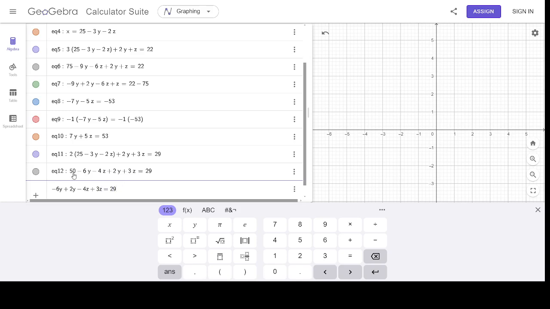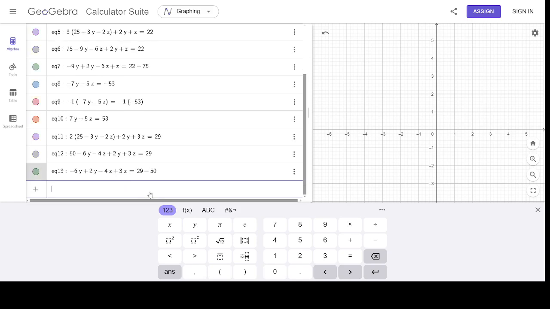So this 50 crosses the equal sign to the other side, because we are simply collecting the like terms together. So 29 minus 50. So it's minus 6y plus 2y minus 4z plus 3z is equal to 29 minus 50. Let's simplify further.